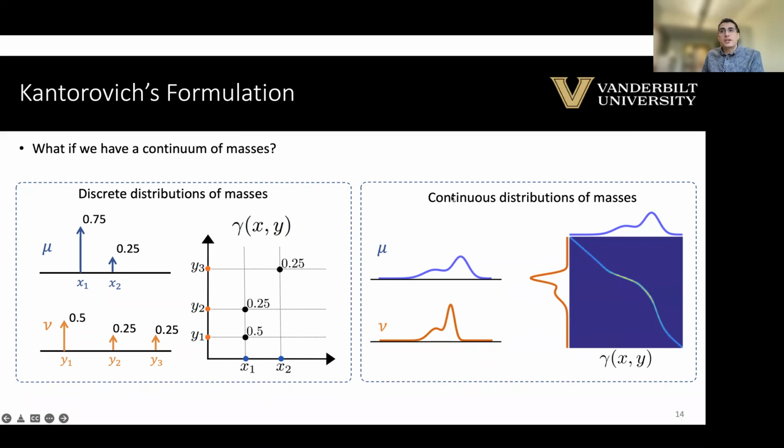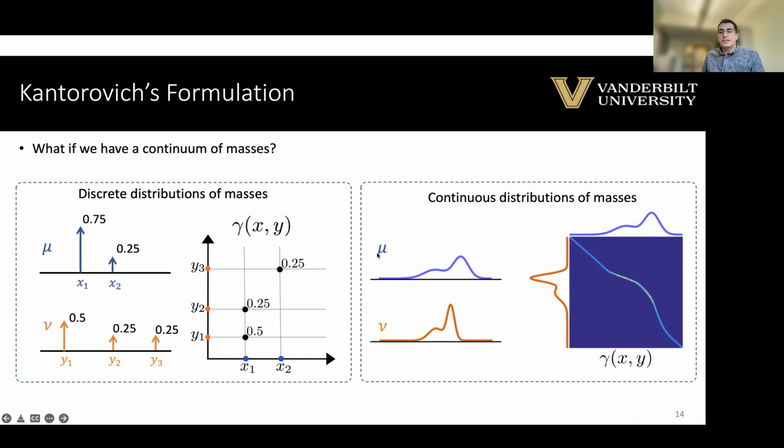And now, if you have a continuous distribution of masses, so we have a probability measure mu and nu, they are continuous, then we can still define a joint density here. And this joint density is going to be a continuous joint density with marginals equal to the continuous one, in this case, one-dimensional distributions that we have.